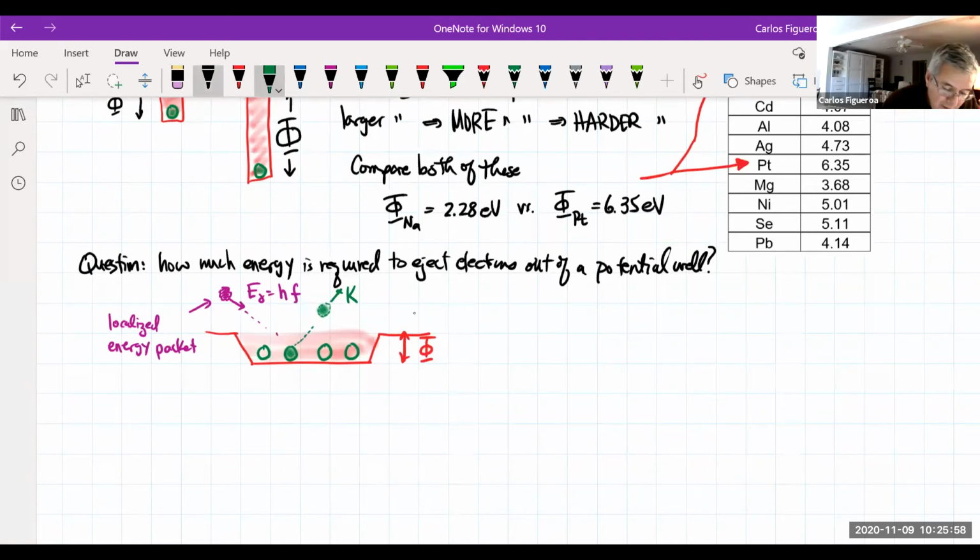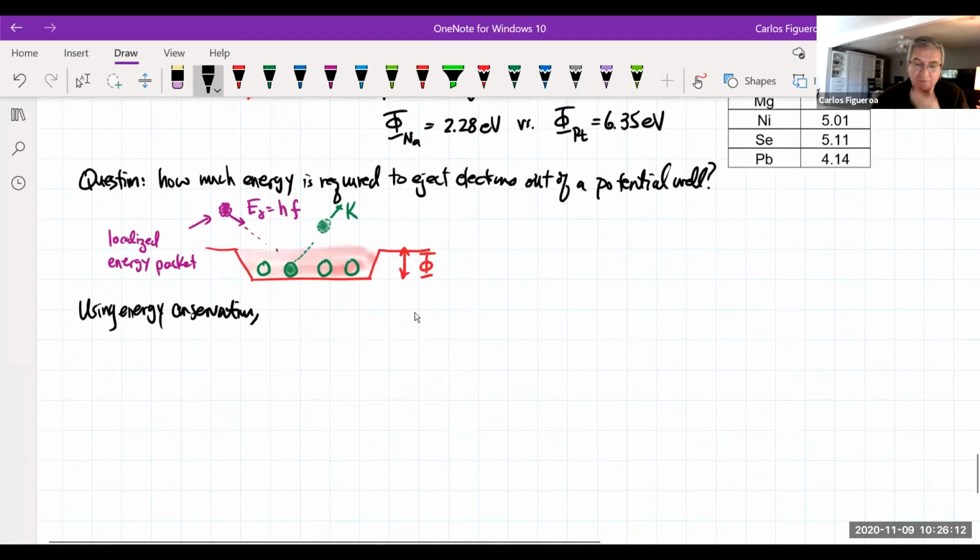So then he comes in and he says, using energy conservation, what does he write here? Well, he says the following thing. He says, okay, I know that the photon has a certain amount of energy, right? This is its energy right here. And when I look at that energy, I know what it is because that's what his model predicts here.